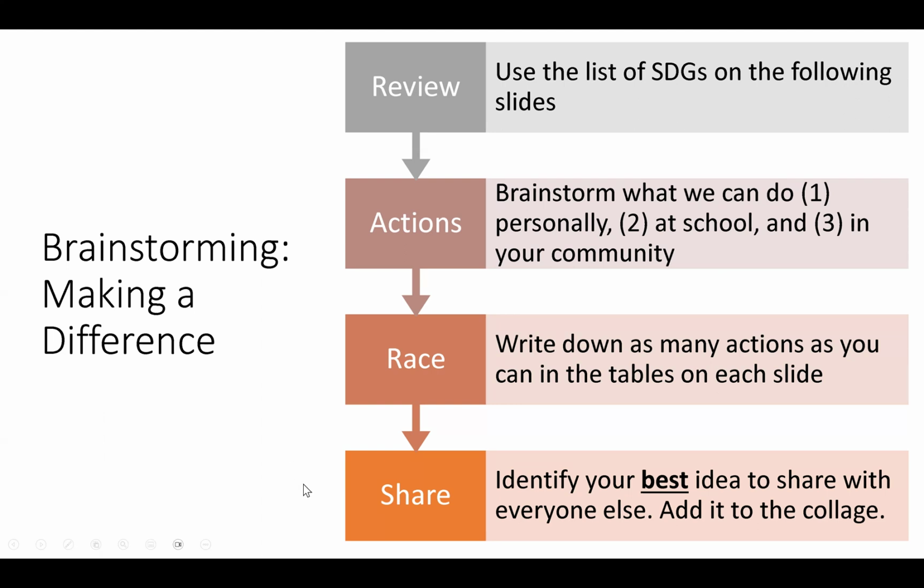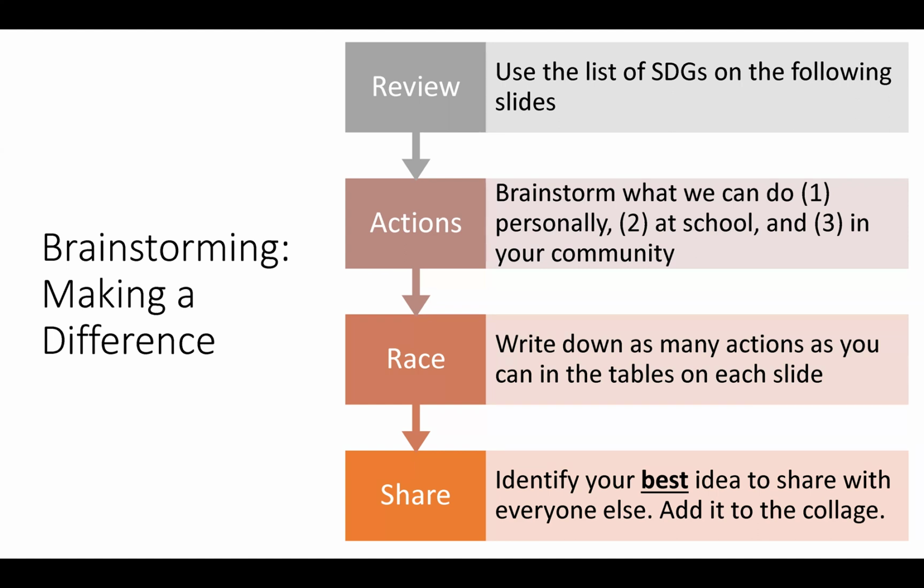Maybe even 7 minutes. Then we have them share out their best idea from those cards. They're taking at least 3 of the goals, and brainstorming things they can do on a personal level, at school, and in their community.